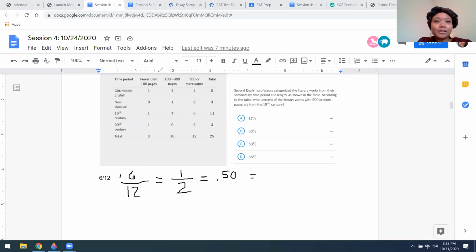Now to get a percent, percent means per 100. Cent equals 100. When you're doing Latin and science and math, deci equals 10.